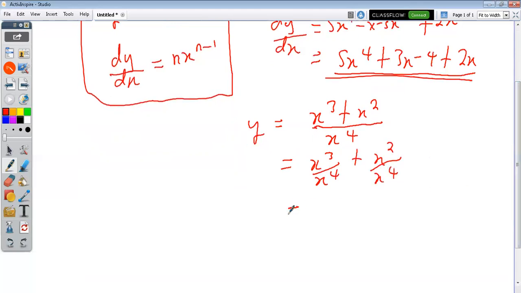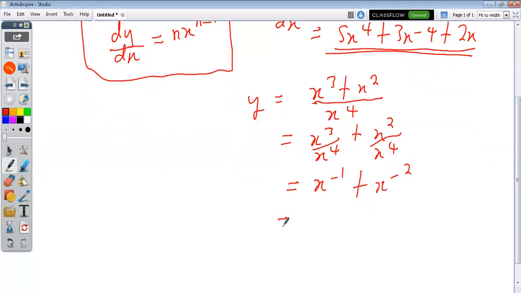When I do that, using laws of indices, this becomes x to the power of minus 1. Do you agree? Plus x to the power of minus 2. Then differentiating, minus x to the power of minus 2, minus 2x to the power of minus 3. That's basic.